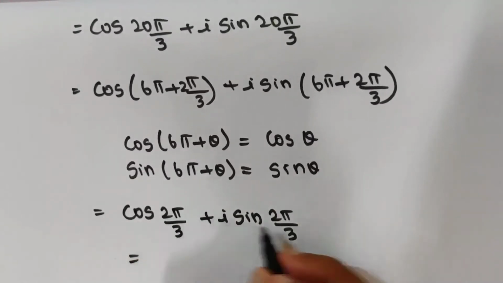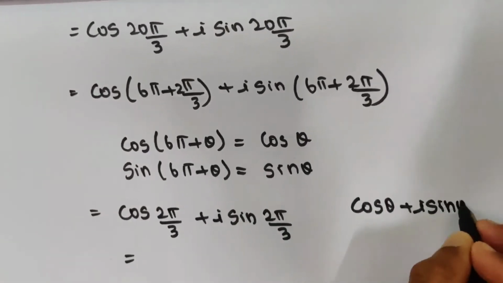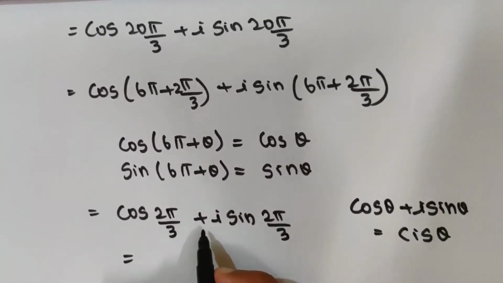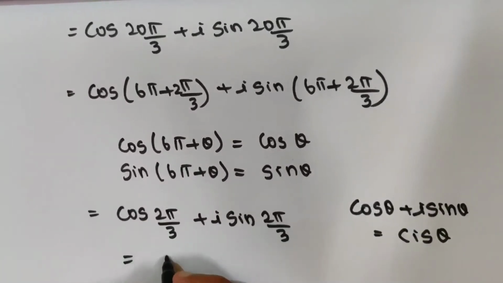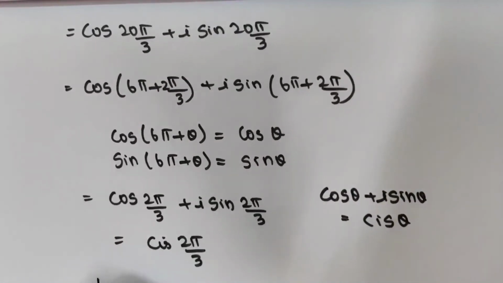So cos theta plus i sin theta we can write as cis theta. So cos 2 pi by 3 plus i sin 2 pi by 3 can be written as cis 2 pi by 3. So my option 1 is correct.